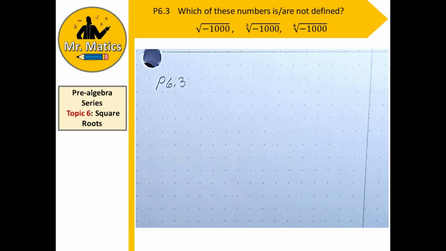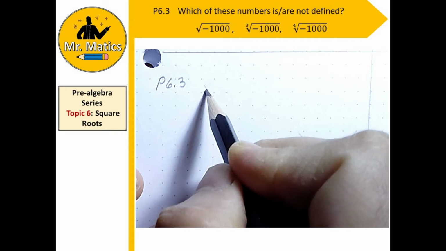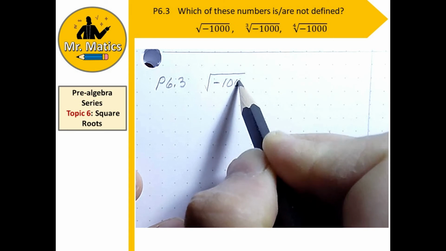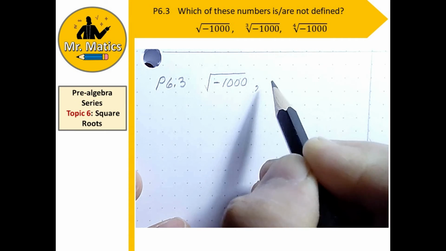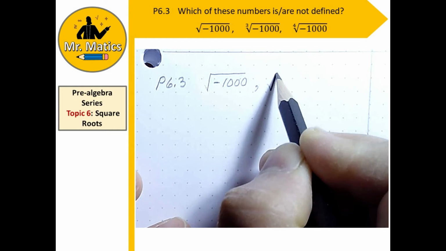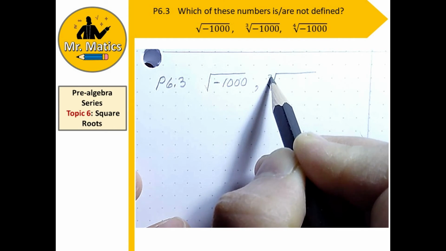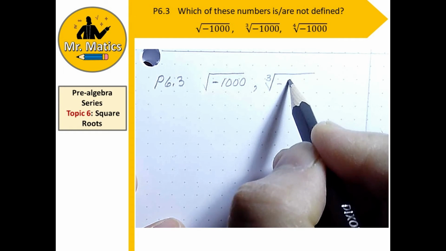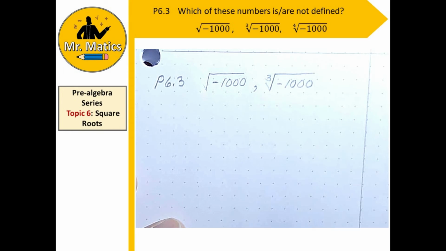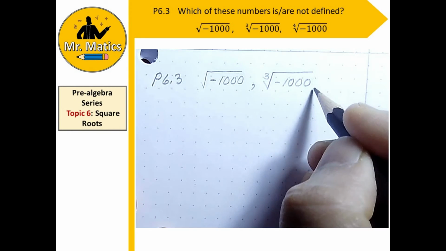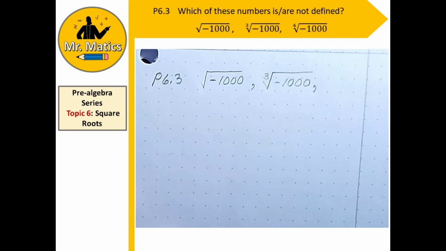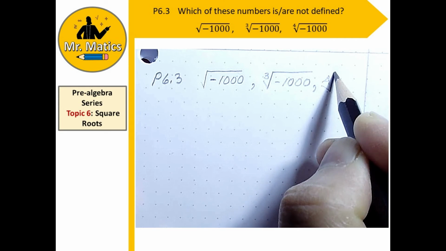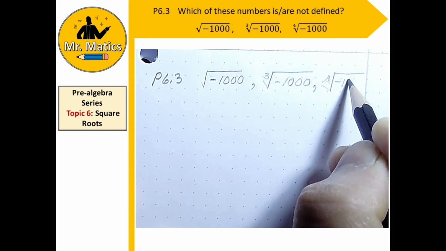It is asking for three numbers, square root of minus 1000, cube root of minus 1000, and then finally fourth root of minus 1000.